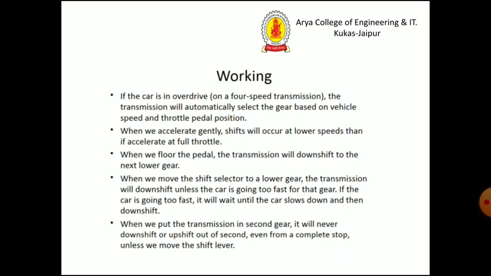When we move the shift selector to a lower gear, the transmission will downshift unless the car is going too fast for that gear. If the car is going too fast, it will wait until the car slows down and then downshift. When we put the transmission in second gear, it will never downshift or upshift out of second, even for a complete stop, unless we move the shift lever.